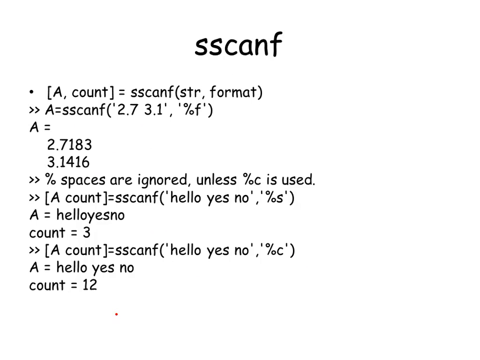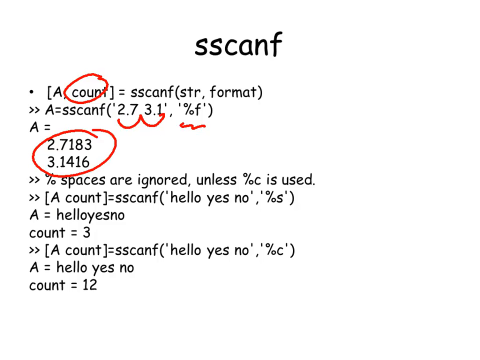More examples. The second out argument will give you the number of items that scanf was able to extract out of the string. So I have a single %f. Matlab will parse out multiple floating point numbers, and it will give me 2.7 and 3.1 out of this example.